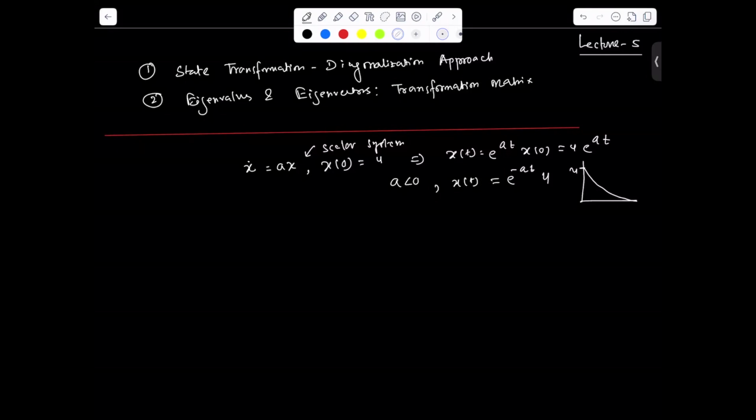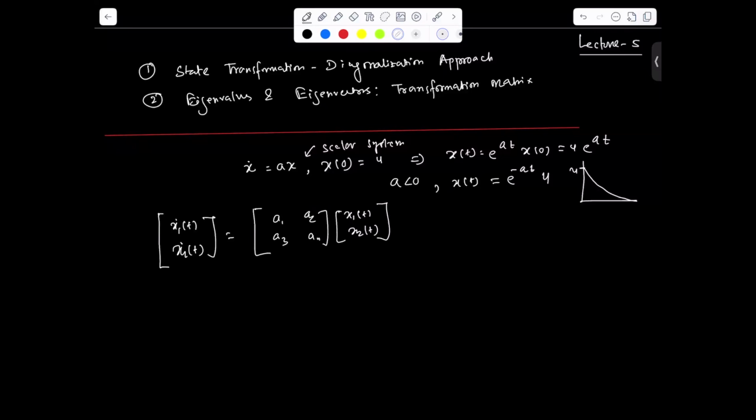So our main motivation is, suppose we have the system x1 dot, x2 dot equal to the system matrix A1, A2, A3, and A4, times the vector x1 of t, x2 of t.